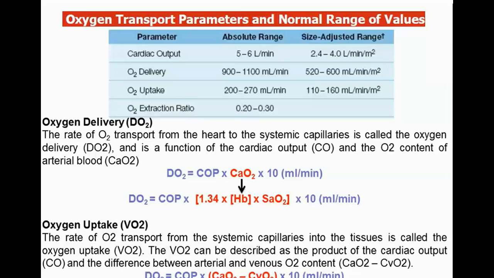What if the oxygen delivery becomes low? The patient is shocked, anemic, or hypoxic. In shock, cardiac output will decrease; in anemia, hemoglobin will decrease; in hypoxia, saturation will decrease. So the delivery will decrease. So what will occur to the tissues?